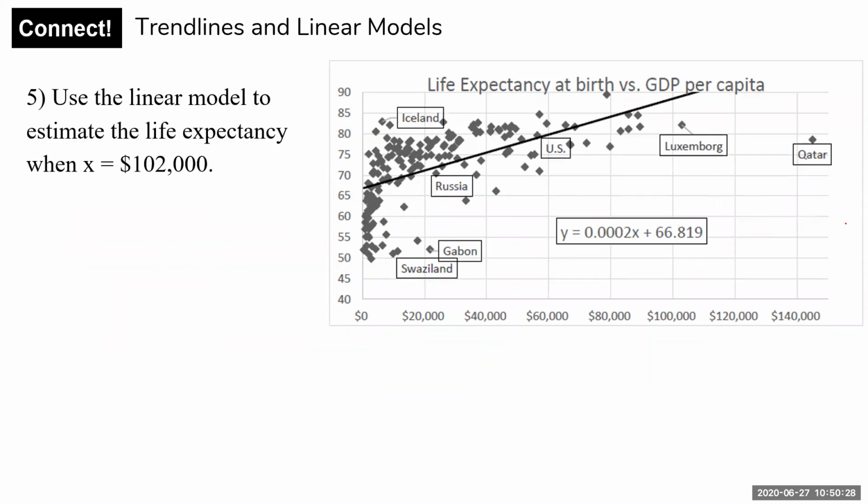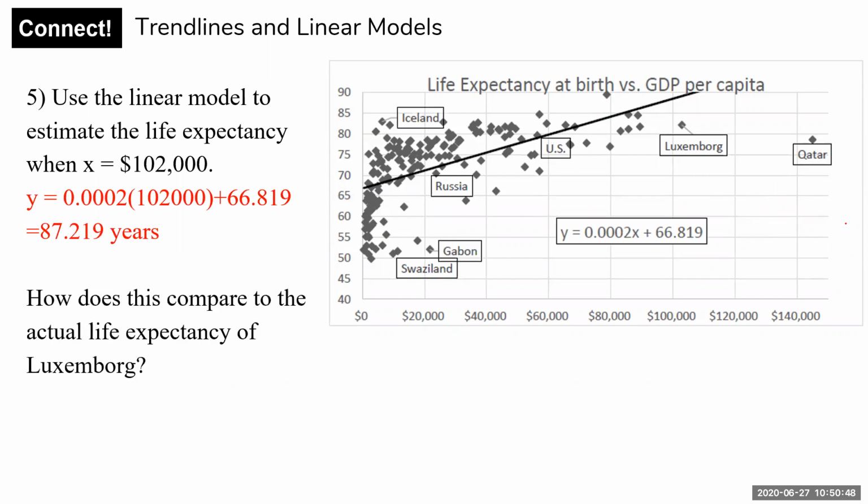Now use the linear model to estimate life expectancy when x is 102,000. You plug in 102,000 for your x, and the life expectancy is around 87 years. Now, how does this compare to the actual?